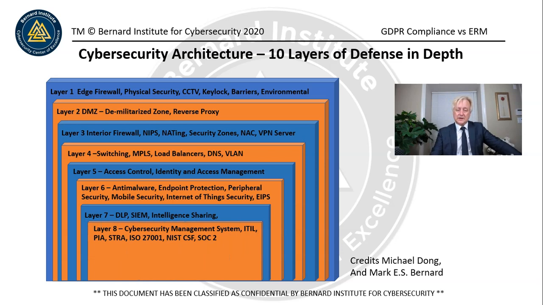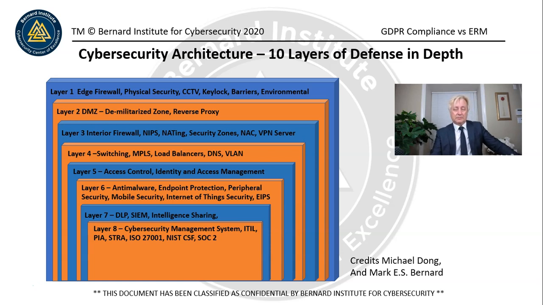Layer 8, cybersecurity management system. So we talked a lot about technology being built into the layers, but how do you manage all this technology? You need a plan, you need a program, and it's going to have governance and risk management and continual improvement. And we'll talk about that a little bit later. ITIL is important, information technology infrastructure library.